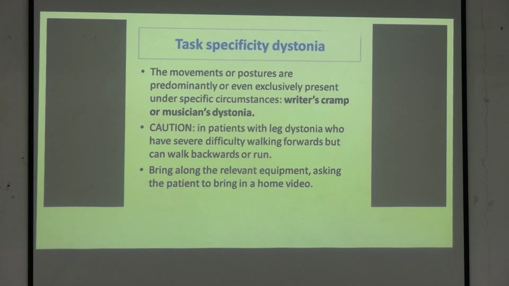The patient holds the pen and starts writing, and there is cramp. Due to dystonia, the sustained movement means the patient cannot hold the pen properly. So this is a little proximal involvement. During writing, there may be writing tremor or writing dystonia.